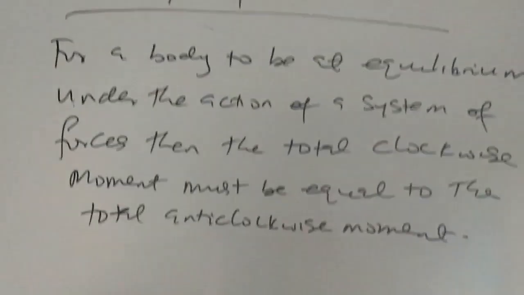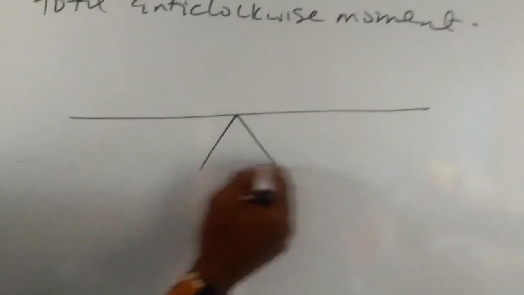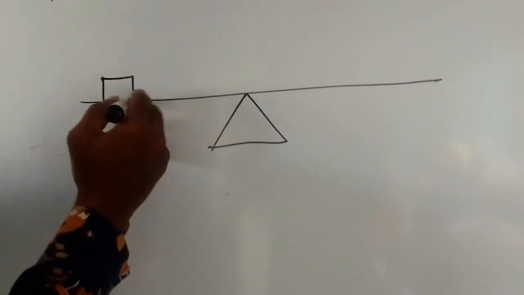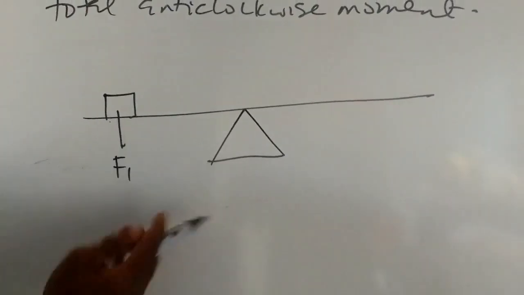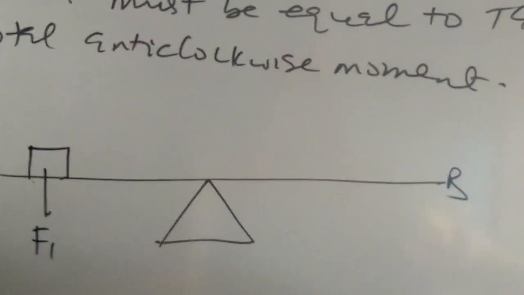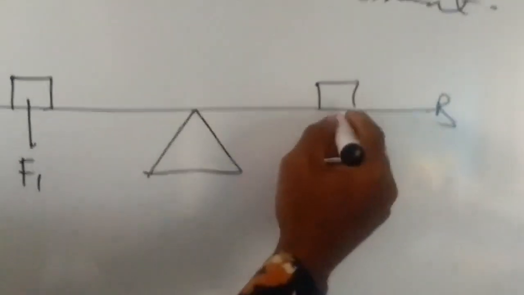So let's look at this illustration. Let's look at a uniform beam pivoted at the center of gravity. Then let's have a force here acting down. When we place a load here, the object will no longer be stable. Let's call the object AB. It is going to move in one direction. And to restore equilibrium, we have to put another force on this side and adjust it.